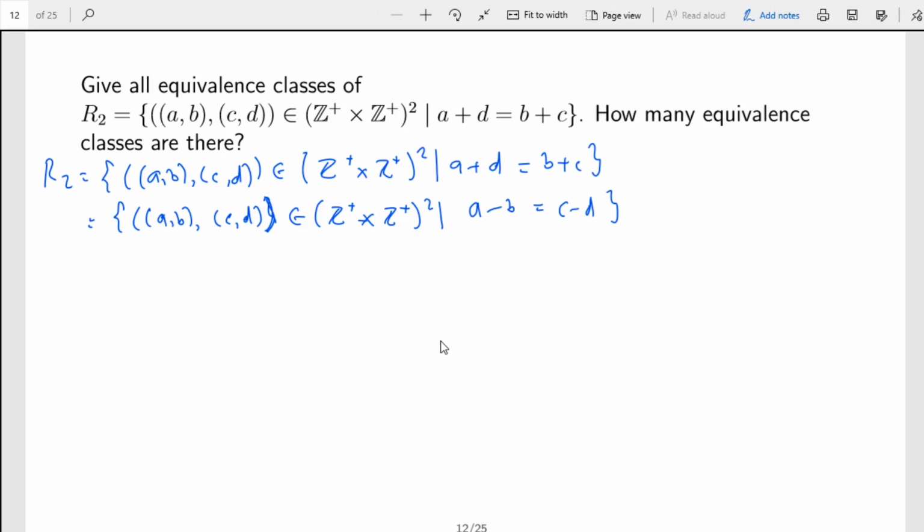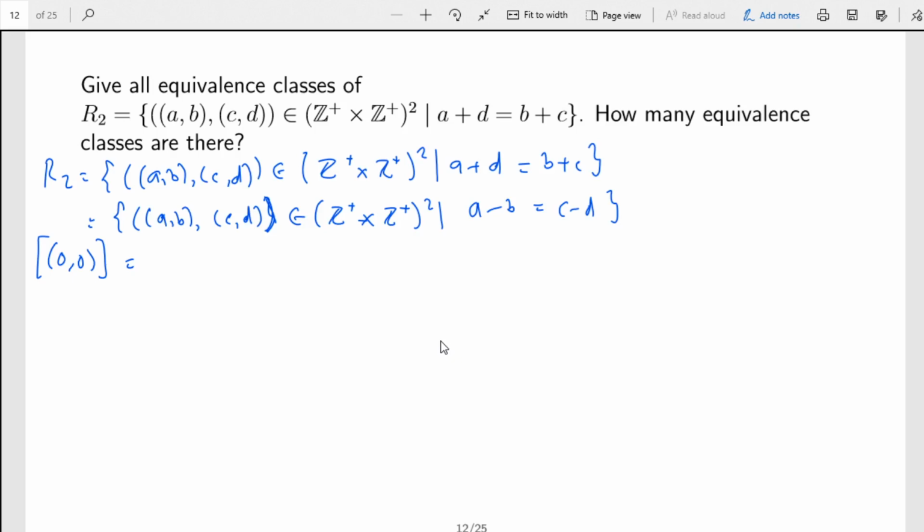So let's say we start with (0, 0). What is the equivalence class of (0, 0)?